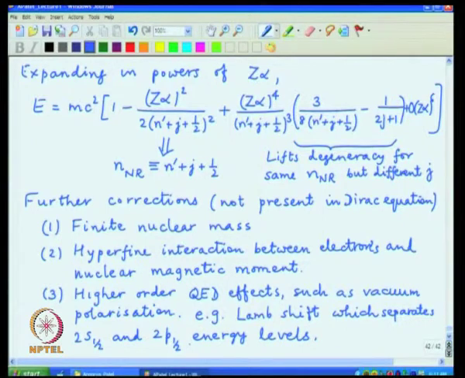result. The interesting part is the Dirac equation leaves the energies of 2s and 2p states degenerate to any order.